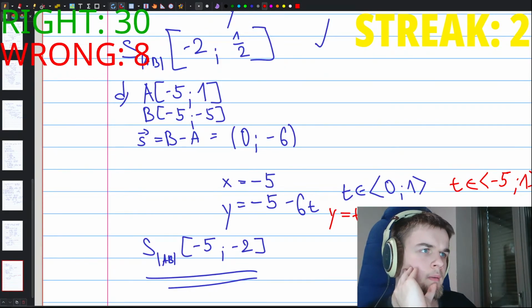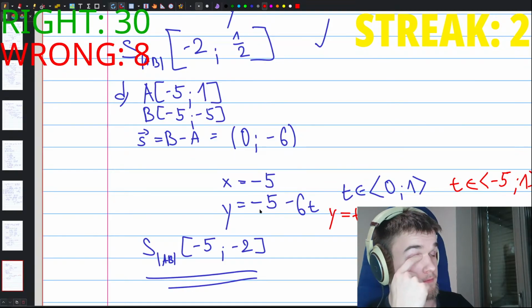Was I looking at the wrong... -5, 1. -5, -5. You do the directional vector, B minus A. -5 plus 5 is 0. -5 minus 1 is -6. Which yields x equals -5 plus 0t, and y equals... what the heck?